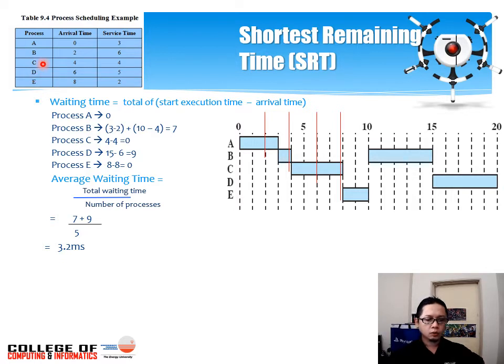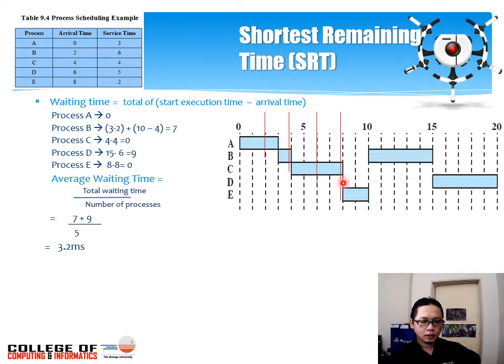So now we need to compare between three processes, D, C, and B. The remaining time for D is 5, remaining time for C is 2, while the remaining time for B is 5. So between D, B, and C, C is still the shortest, so C gets the priority again to execute. And then also up to this point, C is also the smallest, C gets to execute again.